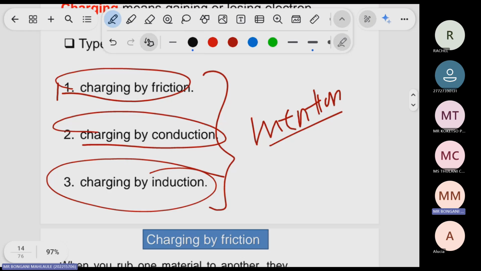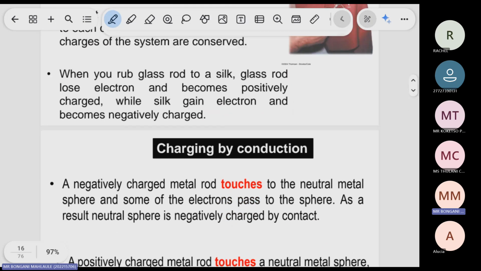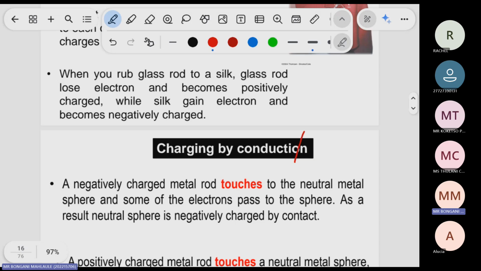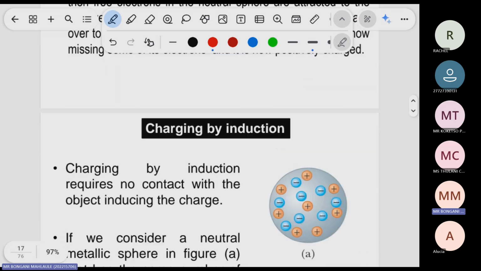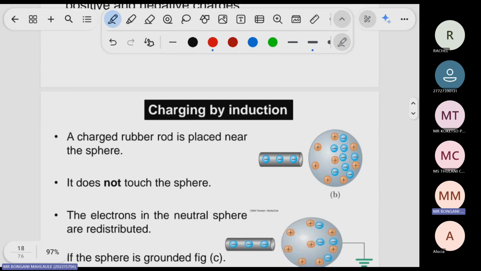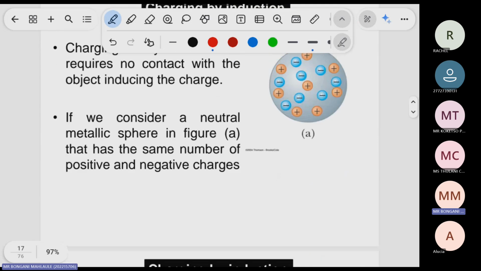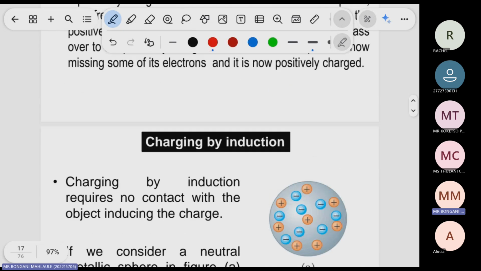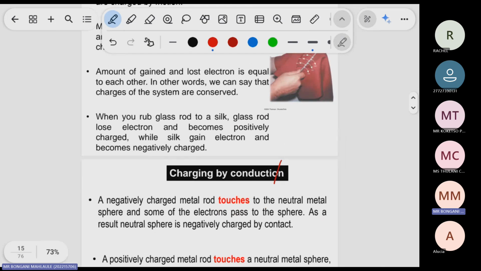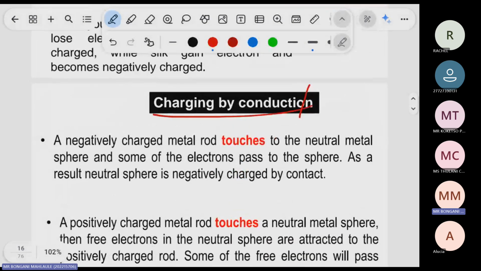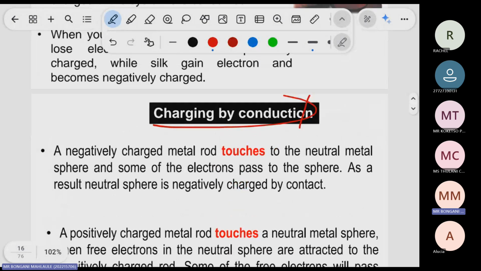And let me scroll. Then I've explained the differences. I hope you guys understood. But let me just repeat, because I'm gonna limit this video to certain parts. With charging by conduction, we said the materials touch each other.